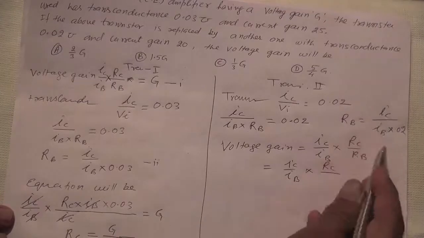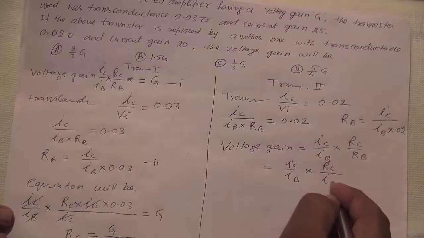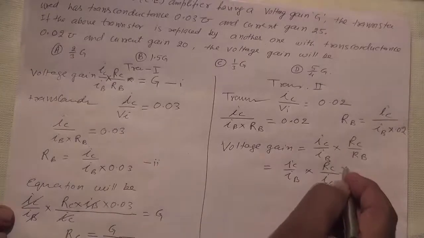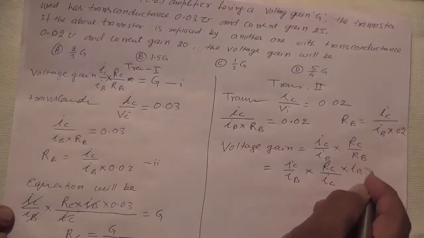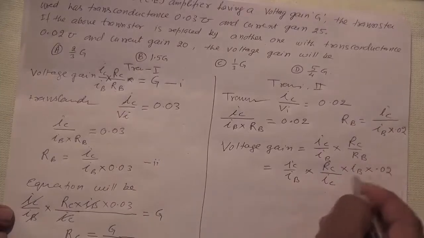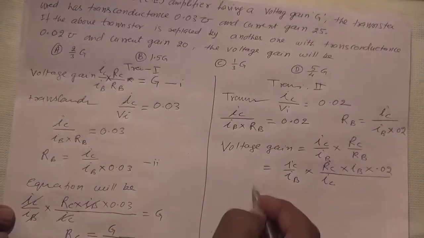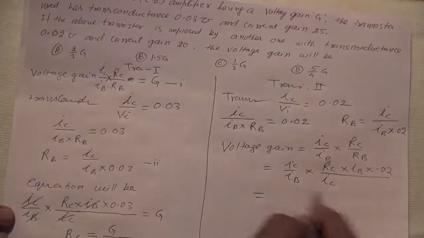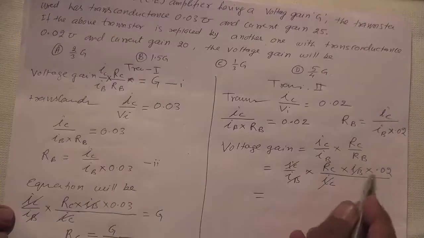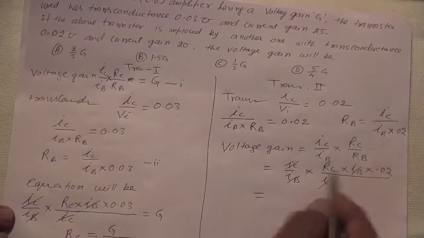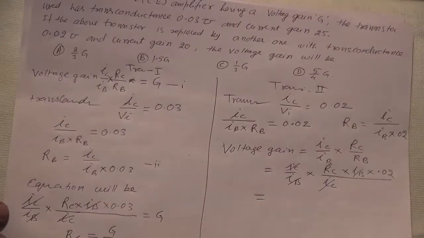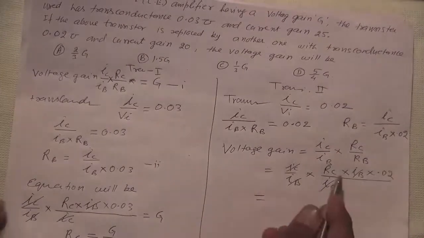RB की वैल्यू ये रखेंगे, ये वैल्यू है IC अपॉन IB अपॉन IB को इधर ले आए, और IB के साथ मल्टीप्लाइड है 0.02. अब यहां पर IC कैंसल्ड, IB कैंसल्ड, RC इंटू 0.02. लेकिन RC की वैल्यू हम यहां निकाल चुके हैं, G अपॉन 0.03. और ये चेंज नहीं होगा.